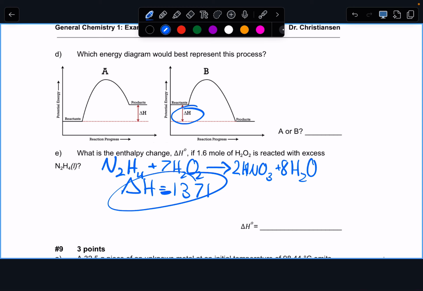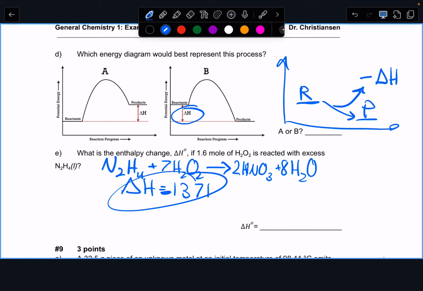So you'll see these energy diagrams with the little activation energy hump. You'll see that sometimes. You might also see them just like reactants and products. Okay, so if the products are lower in potential energy, then that means that that energy was given off somewhere, and that's when you see that negative delta H. That's the heat that's being given off.